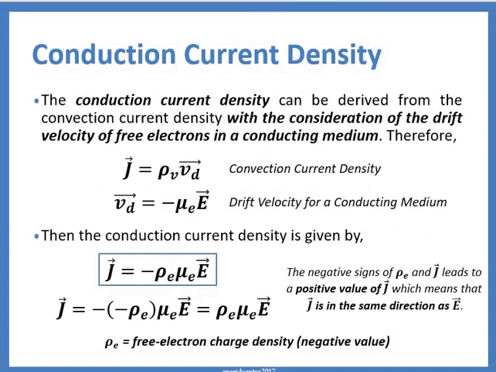The formula for conduction or convection current density can be used to derive the conduction current density by substituting the expression for the drift velocity of an electron in a conductor. We get the expression for conduction current density J as the free electron charge density ρ_e times the electron mobility times the electric field, with J being positive since the free electron charge density is negative, thus canceling the initial negative sign.